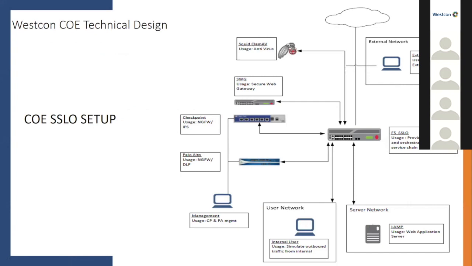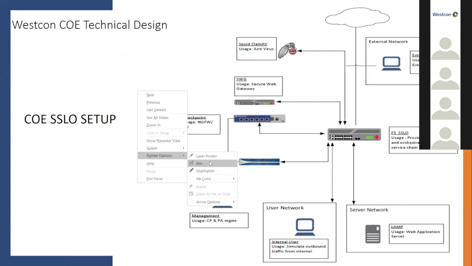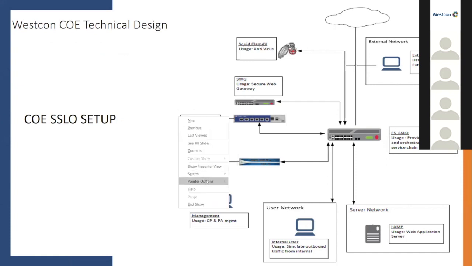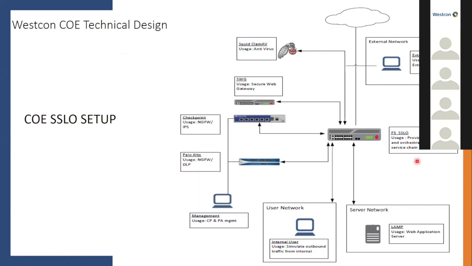Before I go into that detail, I just want to share a bit on how we actually set up this SSLO lab in our environment. First of all, we have an F5 SSLO in place. In the internal network, we have a server network, which includes an e-commerce web application, a LAMP server, or we can call it a hackathon.